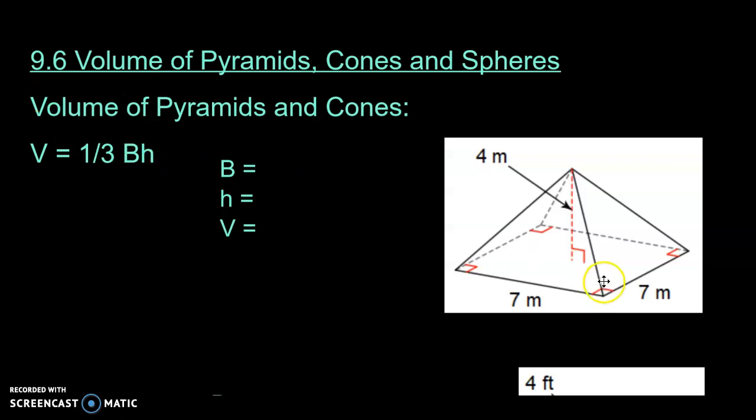But if we look at the picture on the right, it should make sense that we have this square-based pyramid, and if we would think of that with a height of 4, as if it were a box, as if it were a 7 by 7 box that went up 4 meters. That would be a square prism.